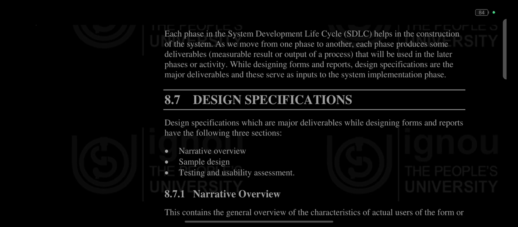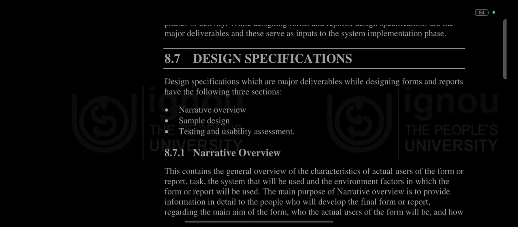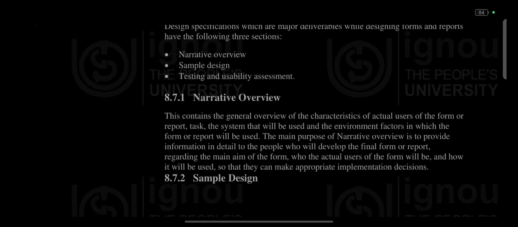Design specifications 8.7. Design specifications, which are major deliverables while designing forms and reports, have the following three sections: narrative overview, sample design, and testing and usability assessment. Narrative overview. This contains the general overview of the characteristics of actual uses of the form or report, the task, the system that will be used, and the environment factors in which the form or report will be used.